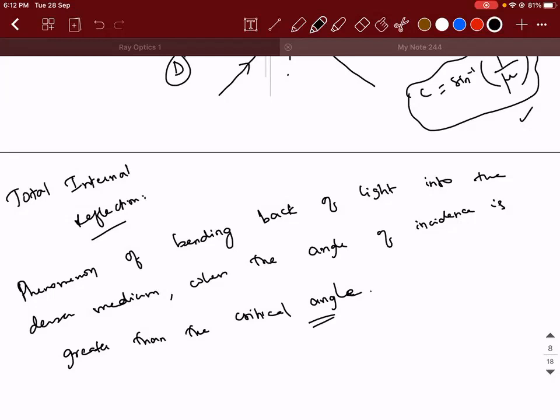So this is a phenomenon. That's it about total internal reflection and critical angle.